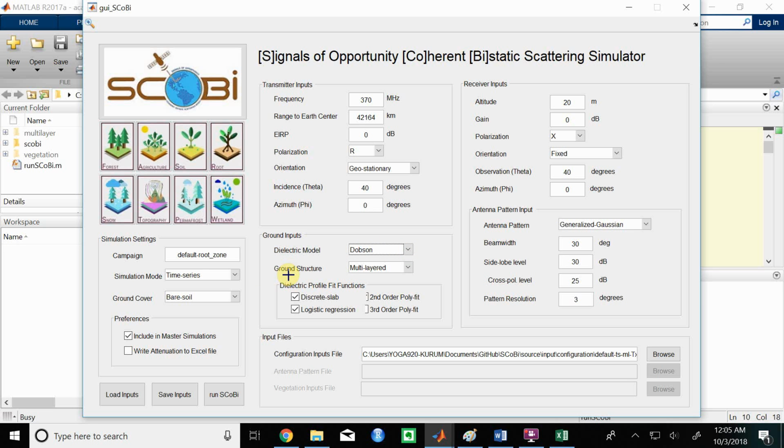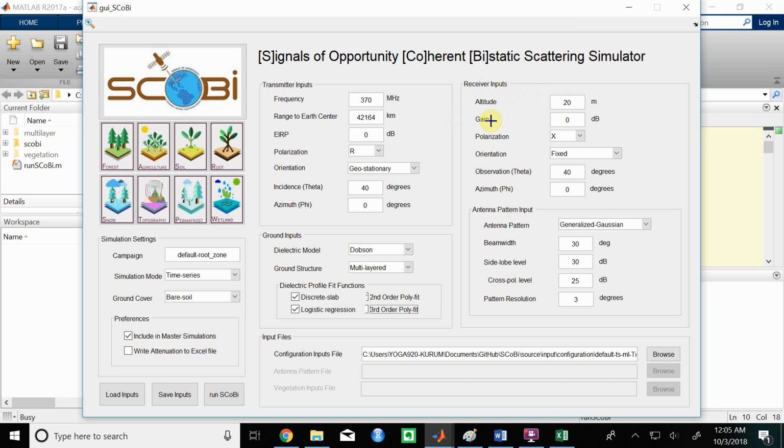But to estimate the volumetric soil moisture at each of those layer discretizations, which, as we showed earlier, was 1 millimeter for this problem because that's what we typed, these are our 4 different fits, and currently we have 1, 2, 3 checked. We have discrete slab, logistic regression, and second order polynomial fit checked. If you want, you could add in the third order polynomial fit, but you don't have to.